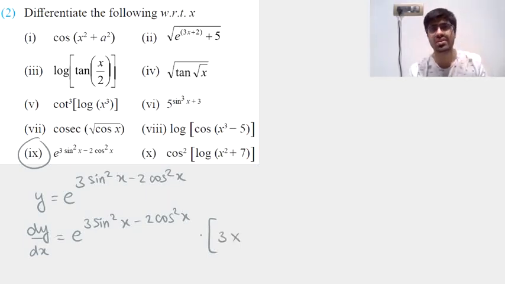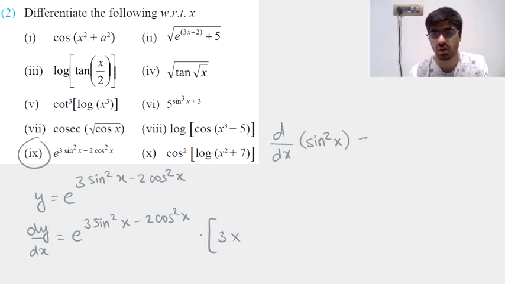So the derivative of this will be 3 into, and now I am leaving this as an assignment type workout for you guys. You need to check by yourself the derivative of sine square x. Apply the rule that I've been applying so far, okay? You will realize the derivative of sine square x will be 2 sine x cos x, which can be easily written as sine 2x, and d by dx of cos square x will be minus 2 sine x cos x, and that will be minus of sine 2x.